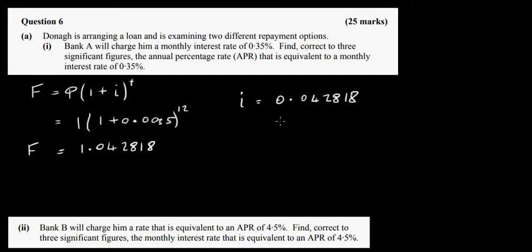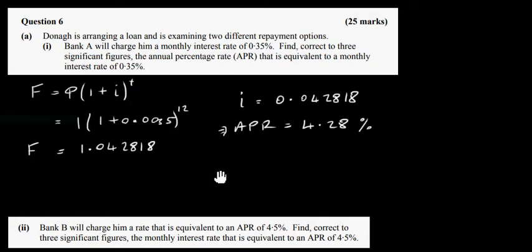So the actual annual rate, the APR then, would be, just multiply this by 100, so that's 4.28 to three significant figures. Okay, so that's part A1.